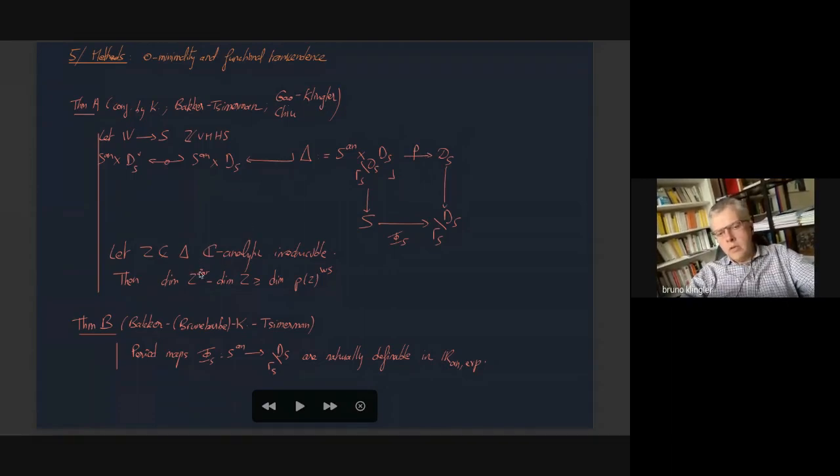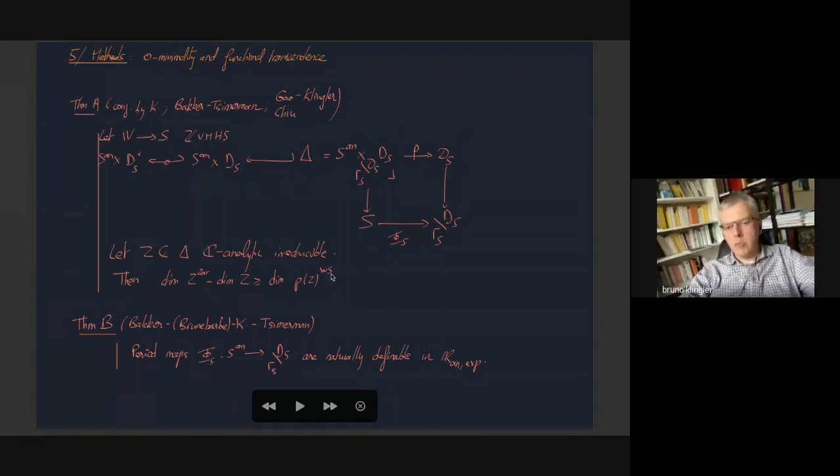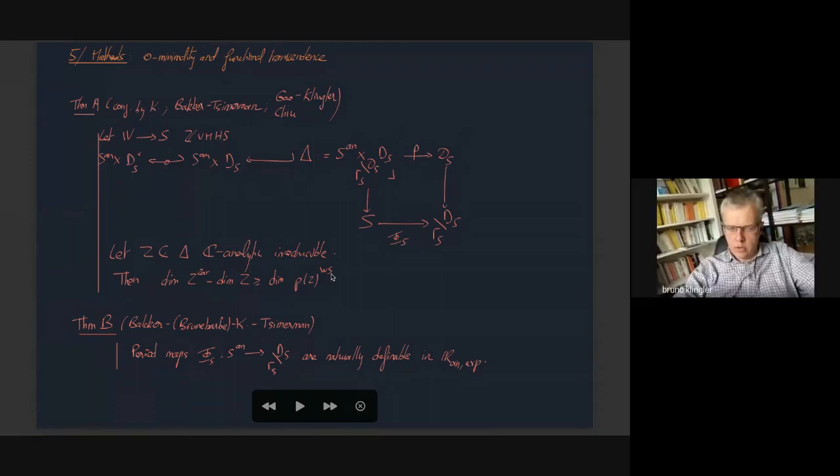Namely, the dimension of the Zariski closure minus the dimension of Z has to be at least the dimension of the smallest weakly special subvariety containing the projection of Z in S. Weakly special is a variant of special. You define special in terms of the generic Mumford-Tate group, and you can give exactly the same definition replacing the generic Mumford-Tate group by the algebraic monodromy group, which is a smaller subgroup.